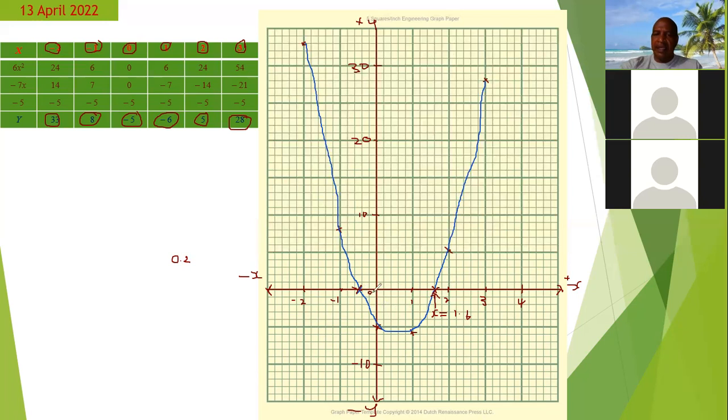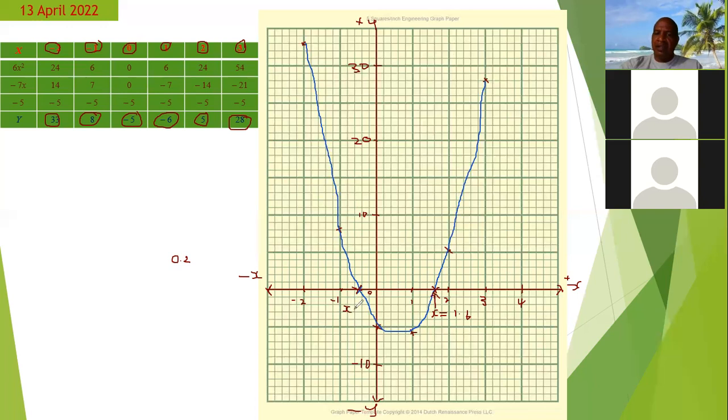All right, and here now on this side, you would have x equal to 0.2, 0.4, and then half of 0.2 would be 0.1, so this would be actually 0.5. So on this side, x would be equal to negative 0.5.